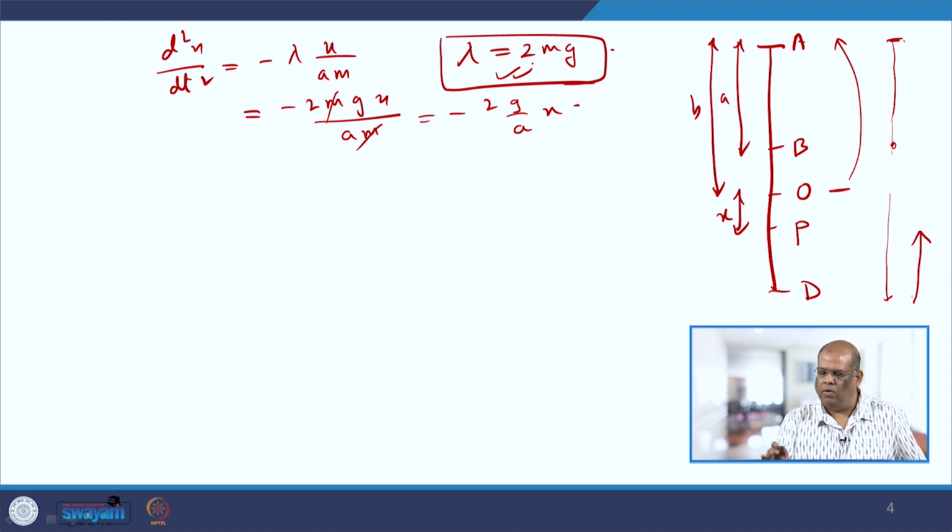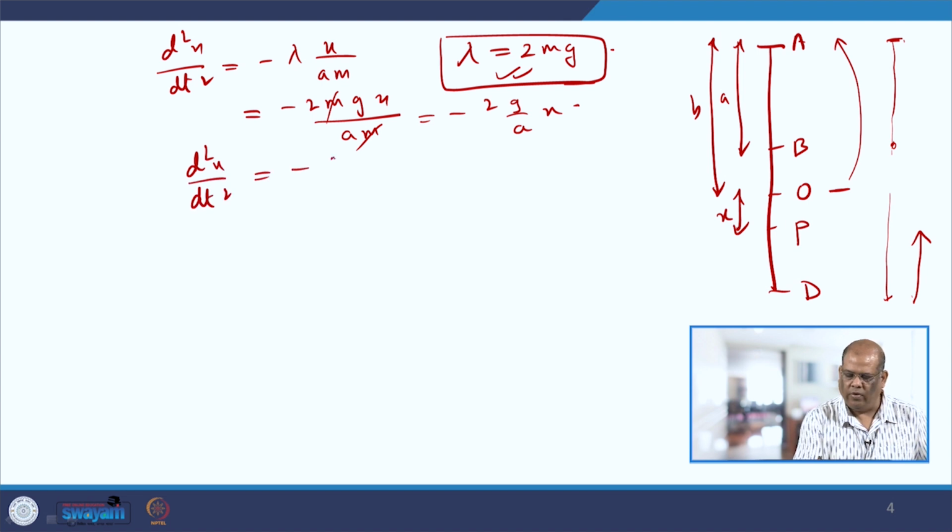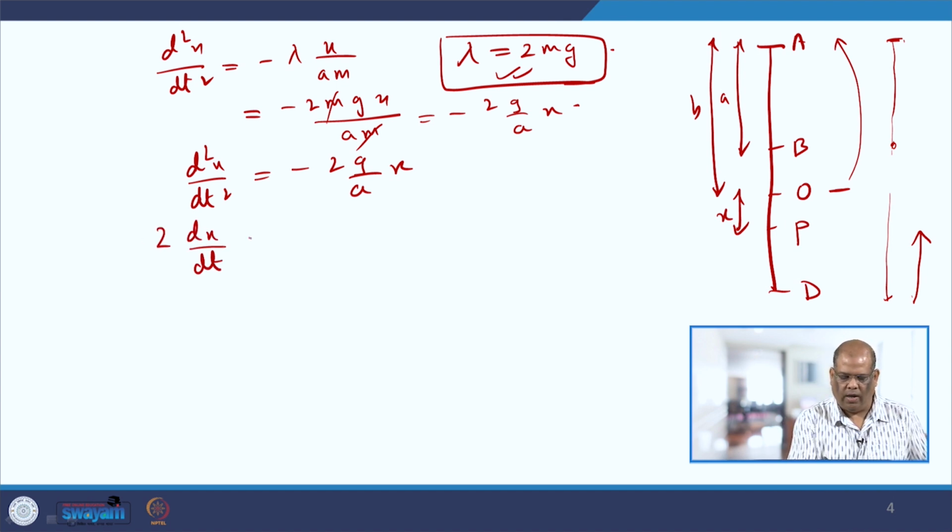Now, to get the whole scenario about the velocity and the time, we have to solve this differential equation. If you want to solve this kind of differential equation, one way is using the complementary function and particular integral. However, in this case we have an easy technique. All you have to do is multiply both sides by dx/dt, giving minus 2g by A x dx/dt.